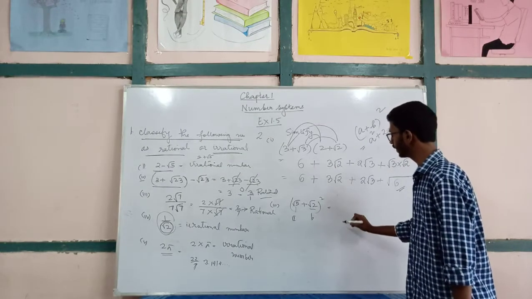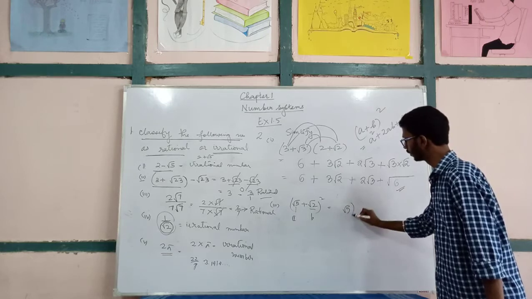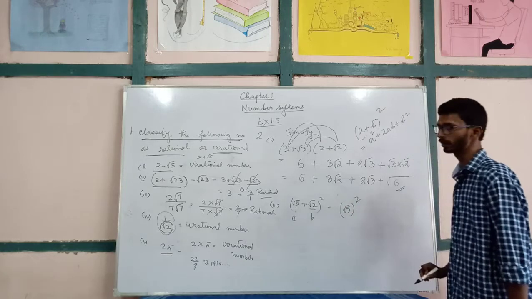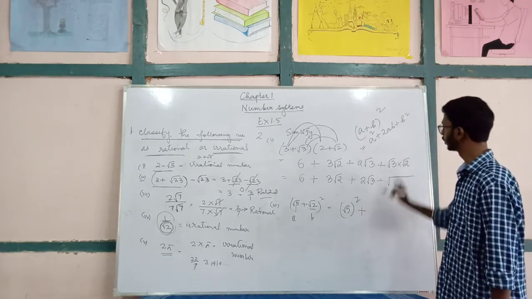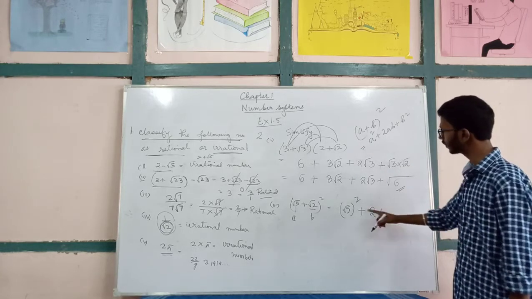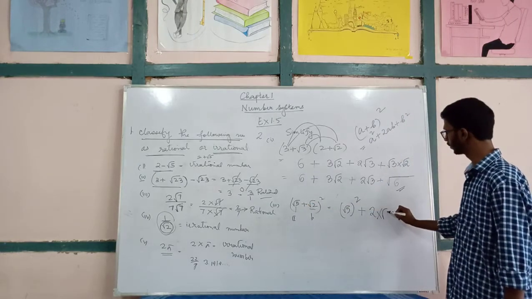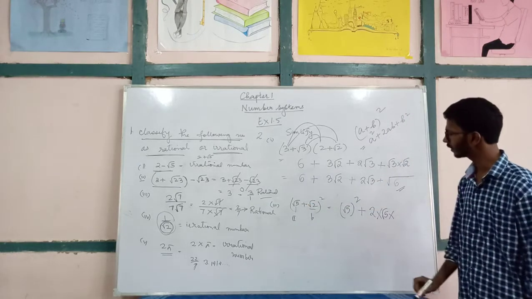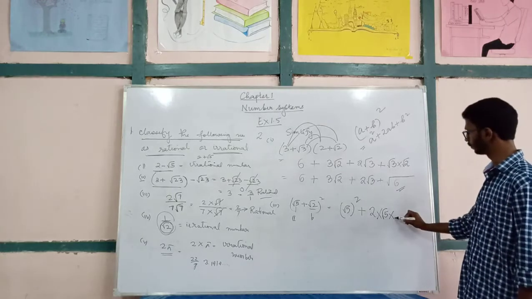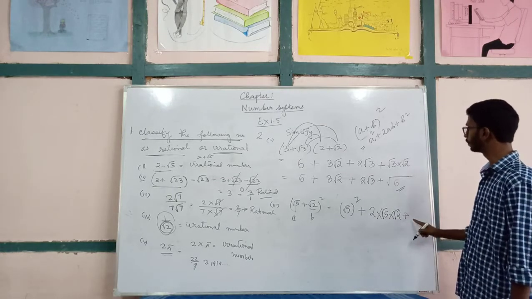So let us break it. A square means root 5 whole square, plus 2ab. So 2 into, what was our a? A we have chosen as root 5. So a will be root 5. What was our b? B was root 2. So 2ab, plus b square.